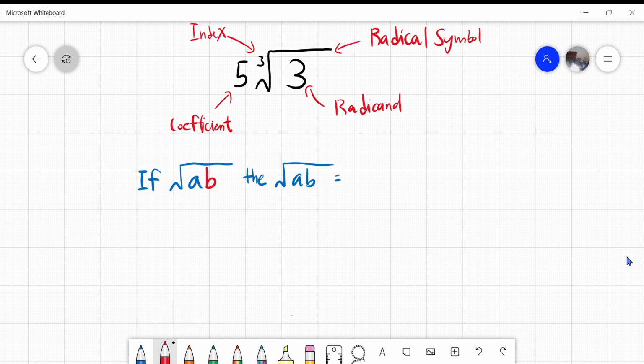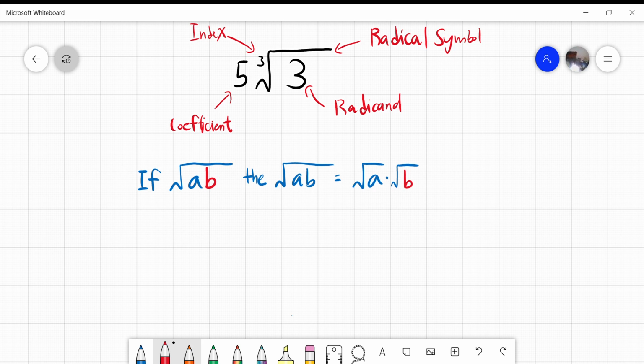this is going to be equal to the square root of a times the square root of b. Now, let's do a quick example, shall we?